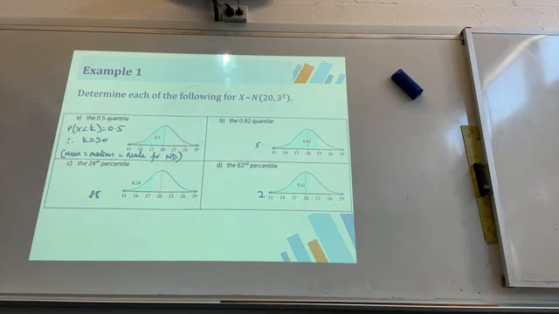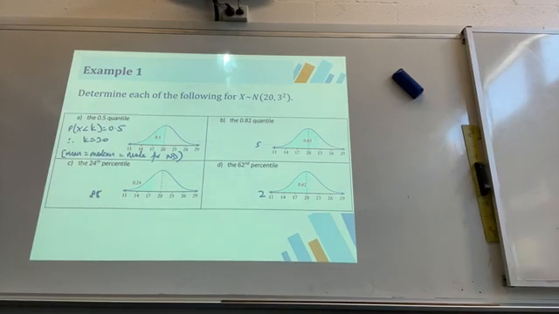So you could try the 0.82 quantile using your calculator. The area is 0.82. So you know the probability of x less than k is 0.82.